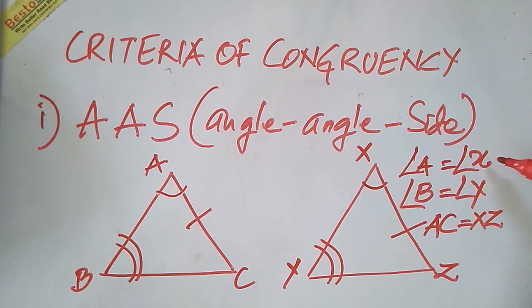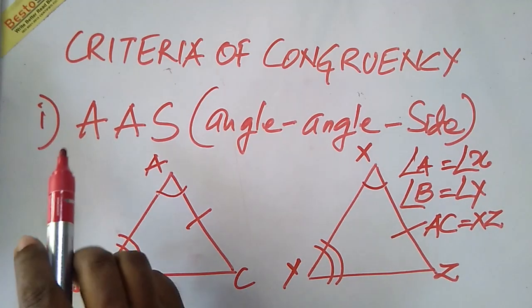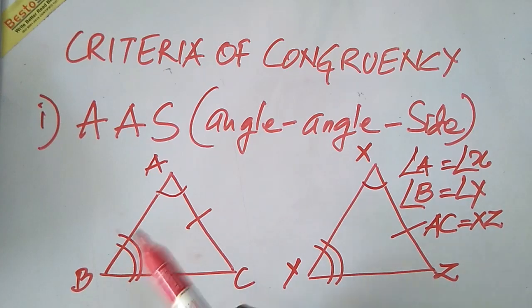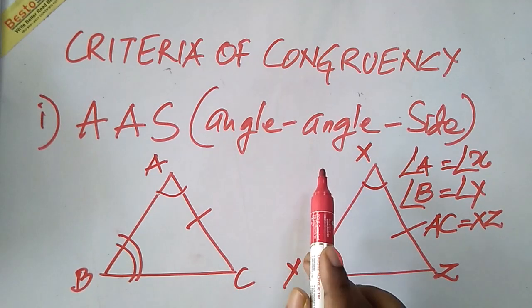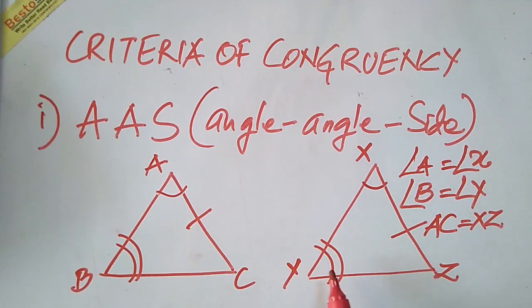So when we have these 3 points true on these two triangles, then we can say that these two triangles are congruent. That means these two triangles are alike. So this is your first criteria, that is angle angle side. These are the criteria we will be using to prove the triangles are congruent. So I hope you have understood the first criteria. Two corresponding angles of these two triangles should be same and one corresponding side should be same.